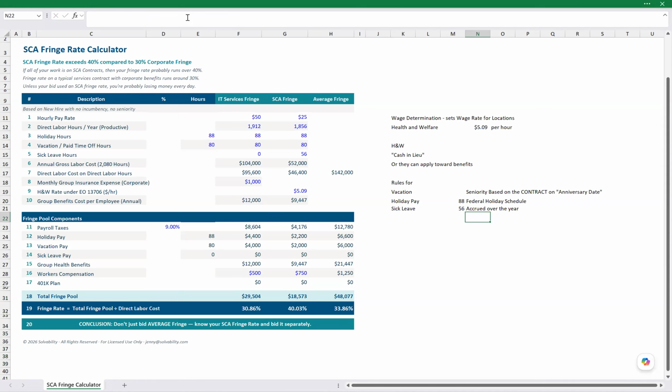So that's just an important distinction of how the vacation accrues versus the sick leave. Also, the sick leave can carry over from year to year, but the SCA vacation cannot. It has to either be used or paid out by the subsequent SCA anniversary date.